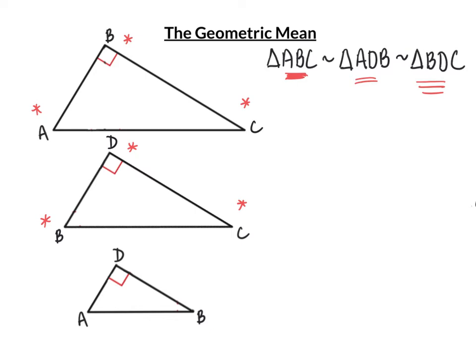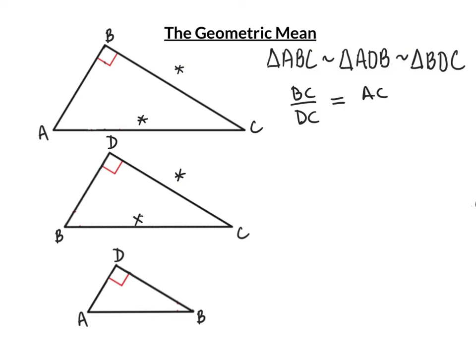We can tell we have things lined up, and now we can easily make statements just by looking at the triangles. Take a look at the top two triangles. I'm going to set up some proportions that allow us to solve for some lengths that we need. BC corresponds with this one, DC, as, go to the bottom one here, AC corresponds with this one here, BC.